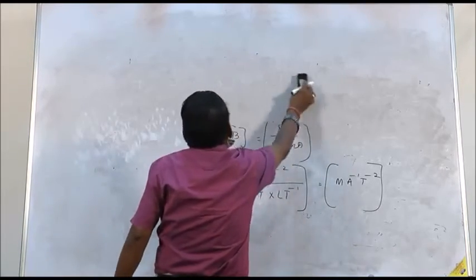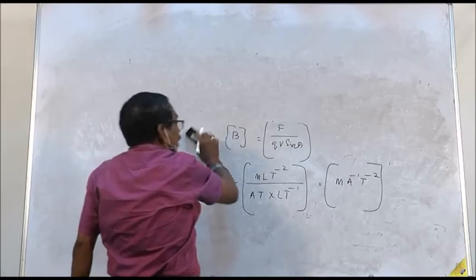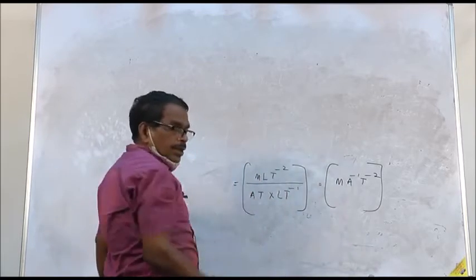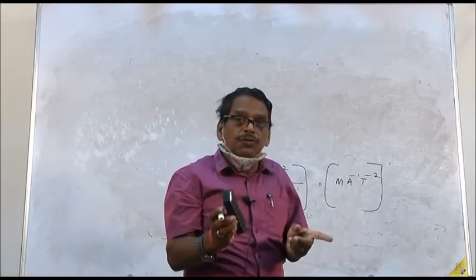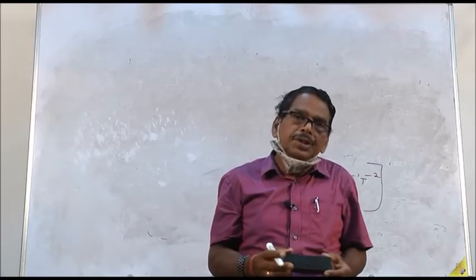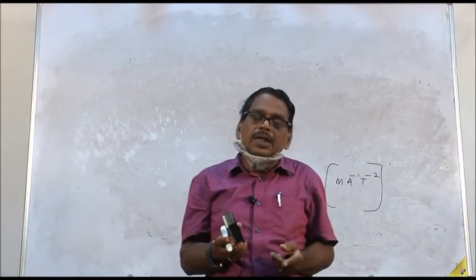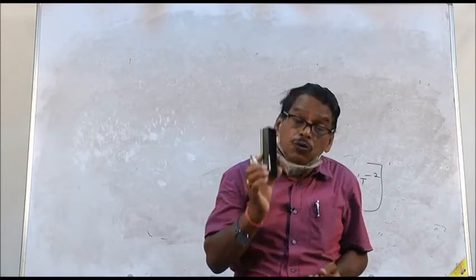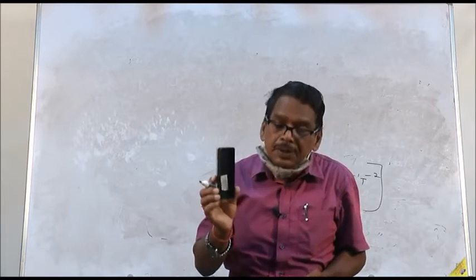Now, we have discussed the force acting on a charge moving in a magnetic field. When a current flows through a conductor, charges are moving, and if the conductor is placed in the magnetic field, it will also experience force, because the charge is experiencing force.